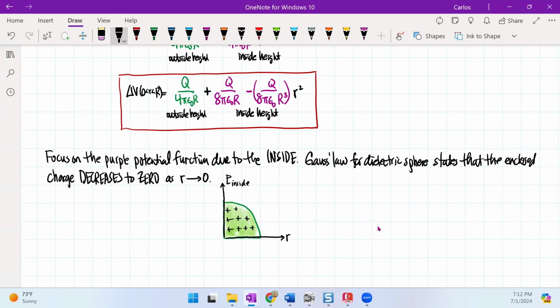So if I look at what the field looks like inside, we see that this field drops all the way to 0 like that. And again, that is just telling us that the enclosed charge goes to 0 as we move in.